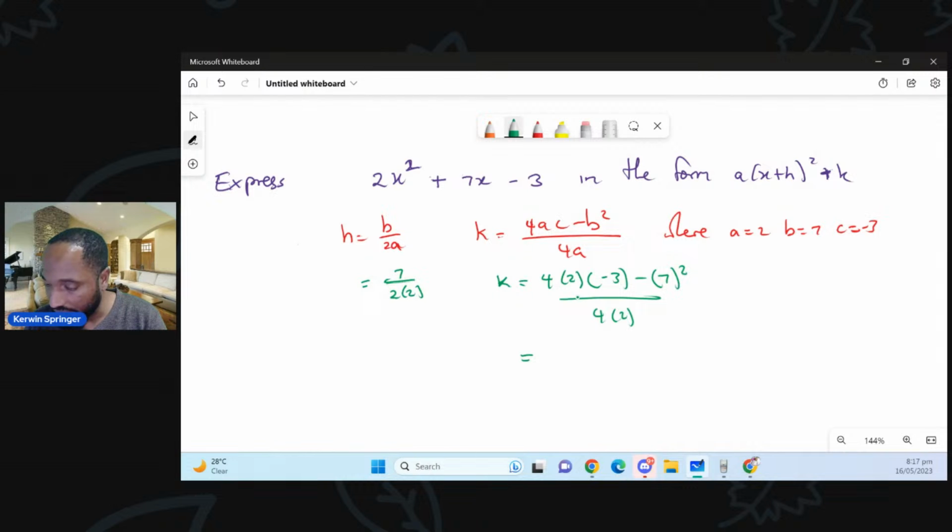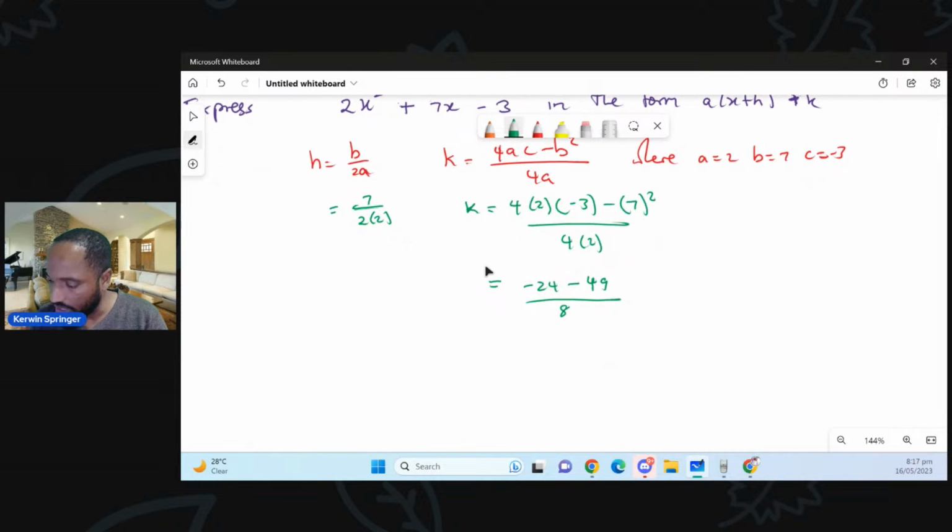Not a pretty sight. 8 by negative 3 is negative 24 minus 49 over 8. Is that correct? That's what you're getting for k. And what's this? Negative 73 over 8.